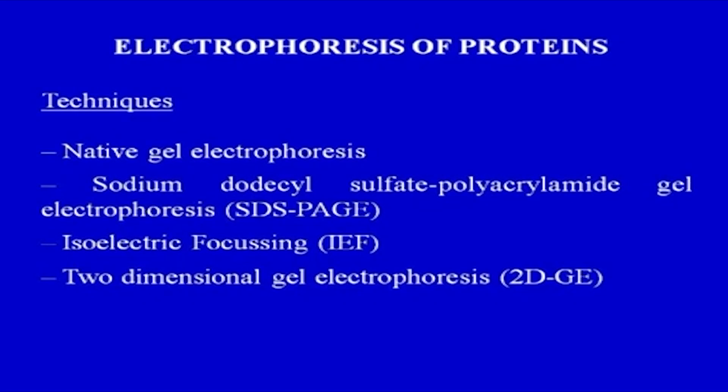And then there is two dimensional gel electrophoresis, which is quite used with mass spectrometry techniques, where you can separate a large number of protein samples in a particular proteome. Say you are isolating it from certain cells or tissues, and then they could be analyzed by mass spectrometry. So, we are going to discuss all these techniques.